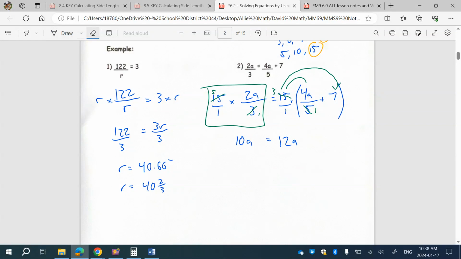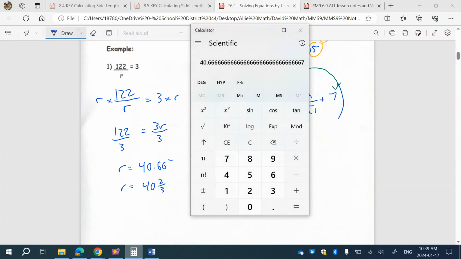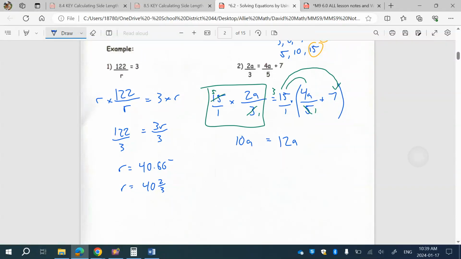And our 15, before I crossed it out, needs to multiply with that 7. So 15 times 7, let's do this with my calculator. I think it's 105. 15 times 7 equals 105. So plus 105. And now we can solve this in the normal way.